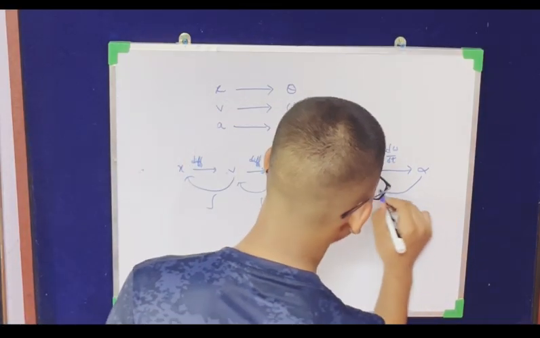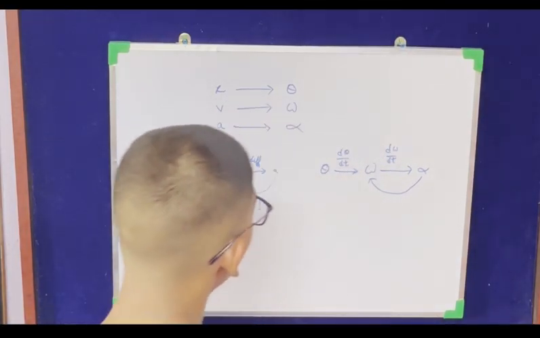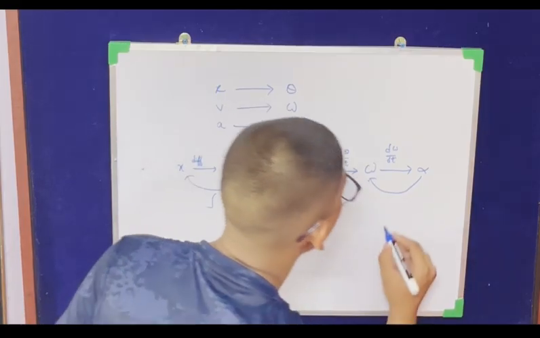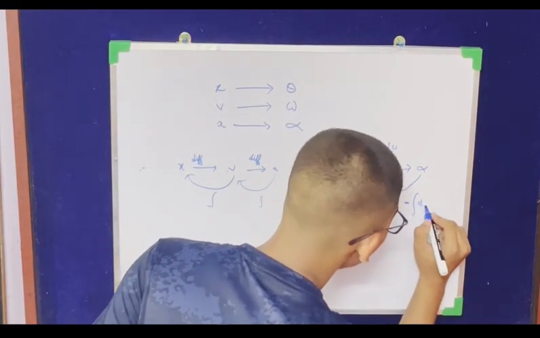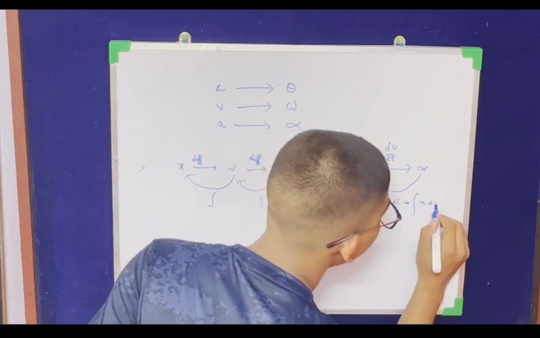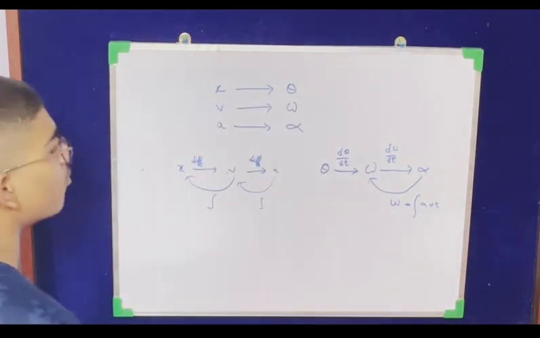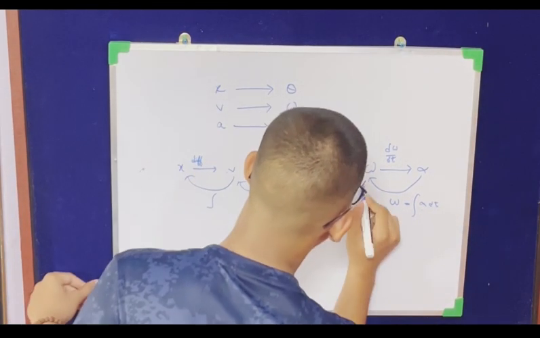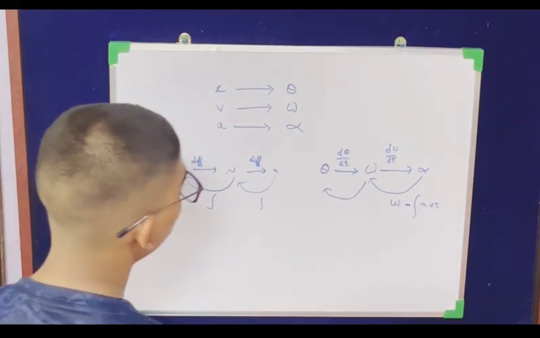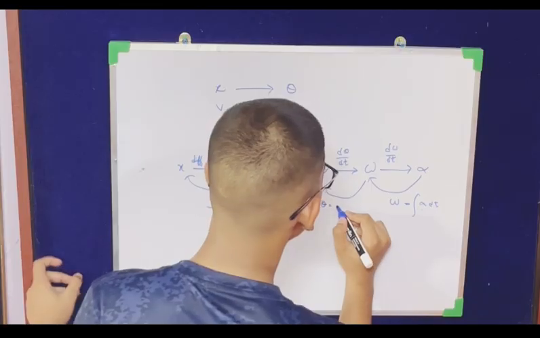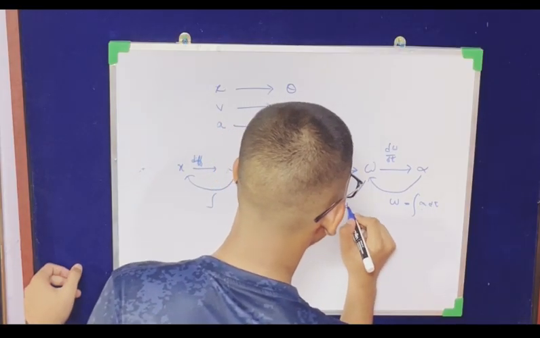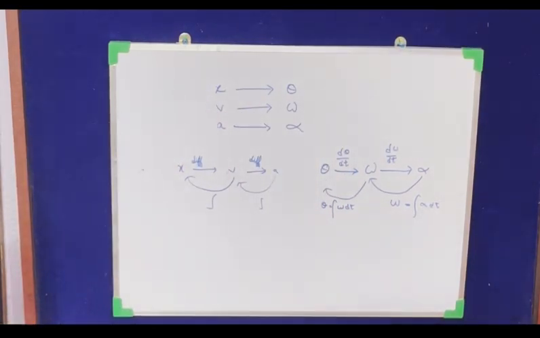Now if we integrate, what will we get? We will get omega, which is equal to the integration of alpha dt. And if we integrate again, we will get theta equal to the integration of omega dt. We get results like this.